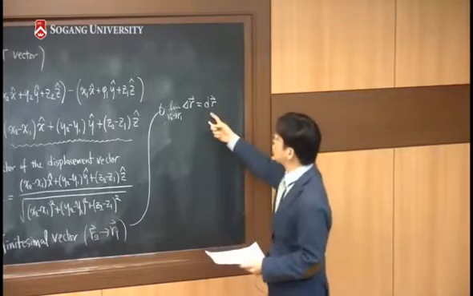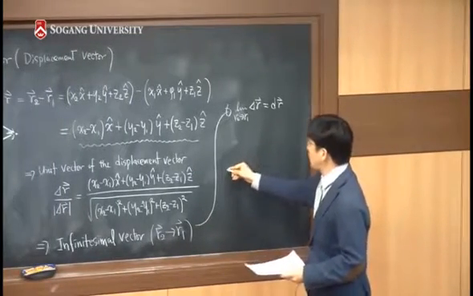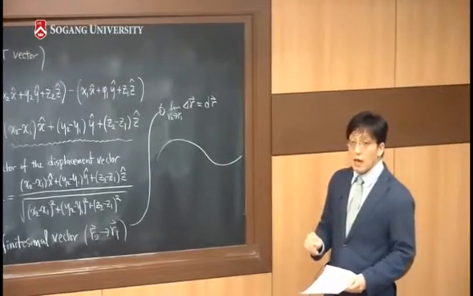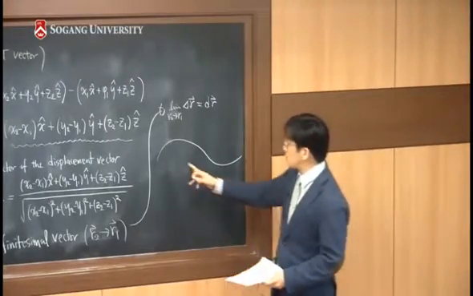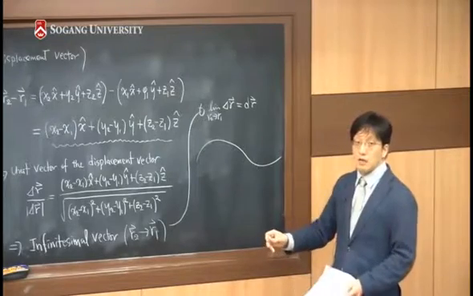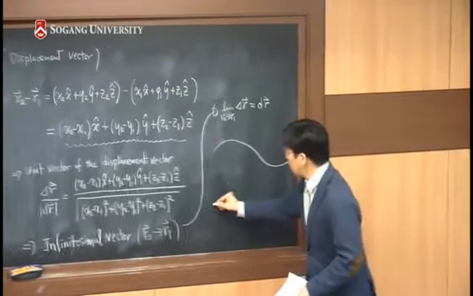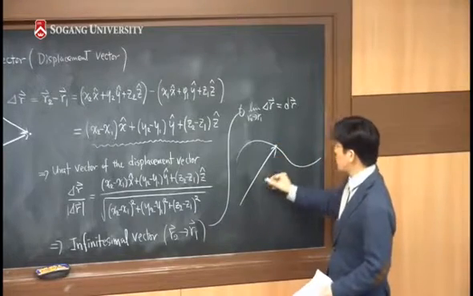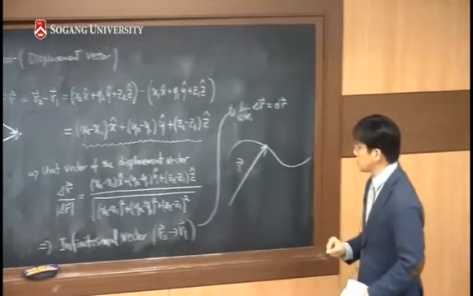Its interpretation is that if the position of a particle is changing in space as the time t is changing, then the vector which denotes the position of the particle is given like this.